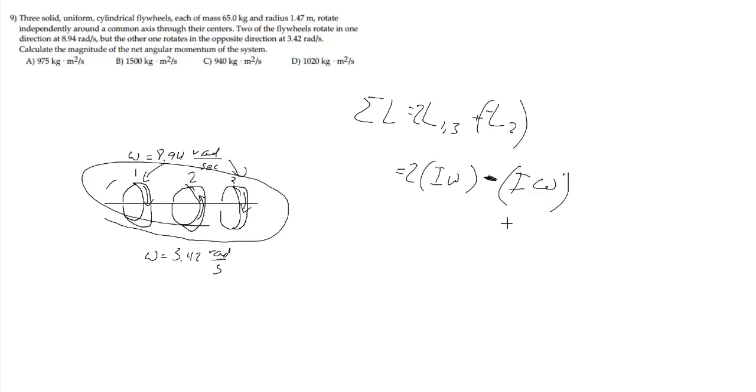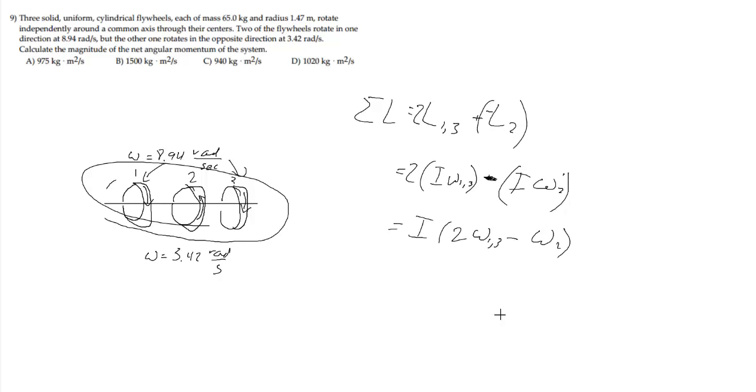And if you want to simplify, you can realize that they all have the same I, and that doesn't change, it's just omega that changes. So this is just going to be I times 2 omega 1 and 3 minus omega 2, which is what this is.